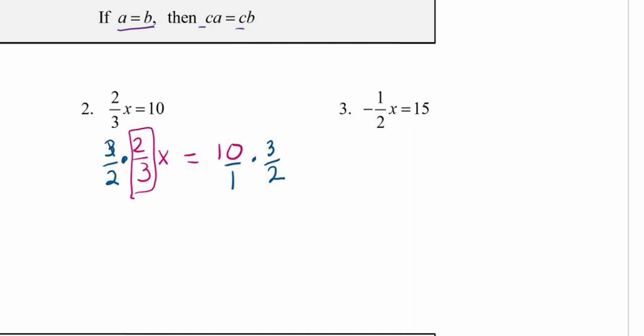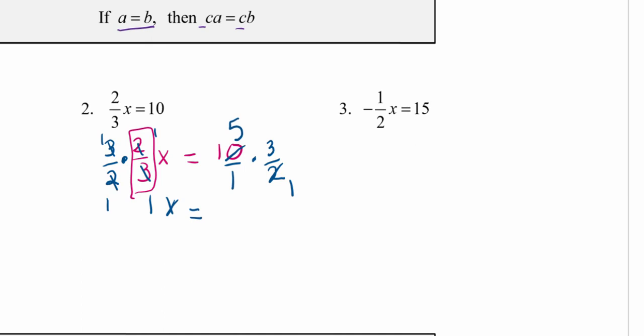Well, 3/2 times 2/3 is 1x, and that was our whole purpose, to get that x by itself. And over here, on the right-hand side, we have 10 over 1 times 3/2, and we can reduce the 10 and the 2 by 2, and that leaves us with a 5 here and a 1 there.